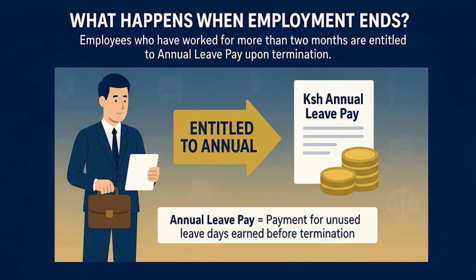The law provides under Section 74 of the Employment Act that the employer is the one who bears the burden of ensuring they have records of the utilization of annual leave days of their employees, how many days have they utilized, and how many days are accruing to the employee.